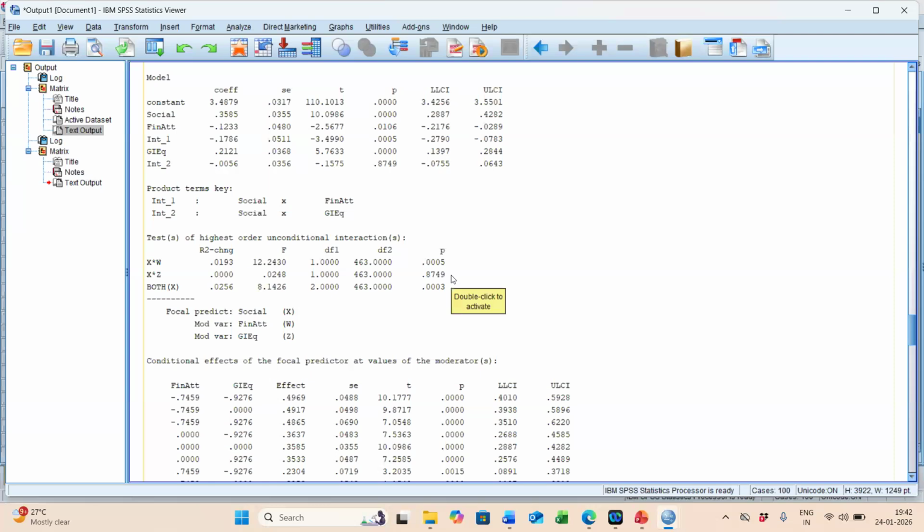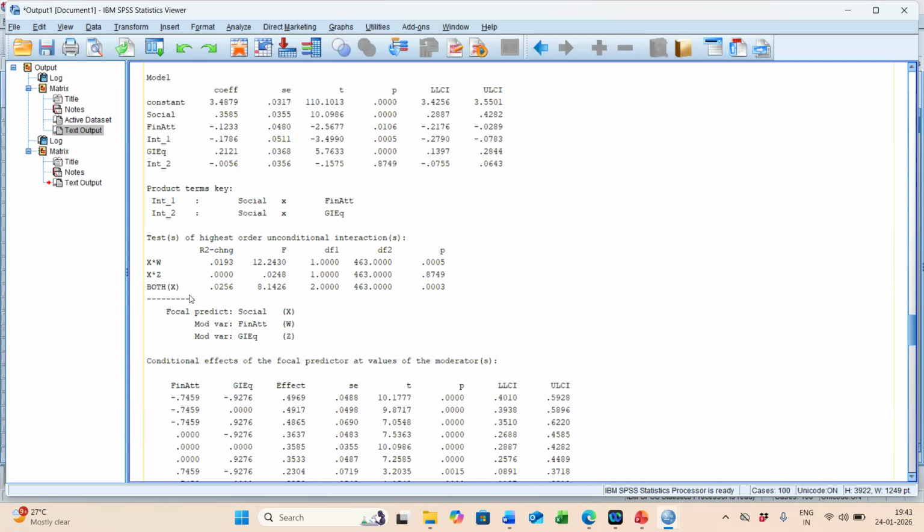We have already seen this, 8.8749 is available here also. So you don't want to bother or think that this is something else. No. But here, this is the additional information available to us. That is both X. That means 2 interactions at the same time.